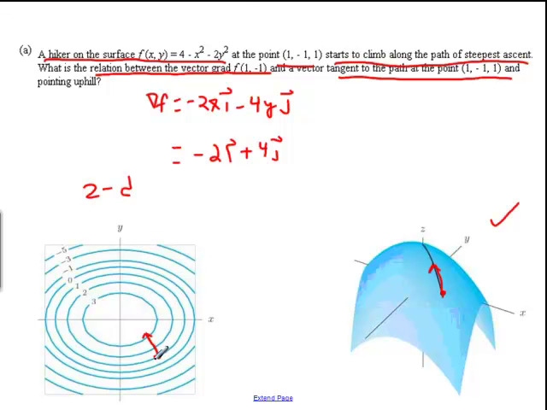We're going to the left, meaning our x is decreasing, and then we're going up, which means my y is increasing. And it says, what's the relationship between the vectors? Well, these vectors are going to be exactly the same, except in 3D, I'm going to have negative 2i plus 4j plus my k component.